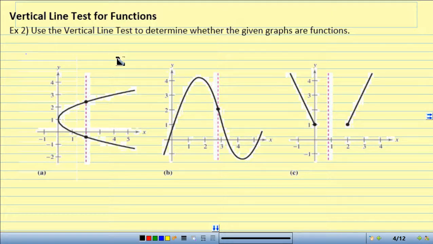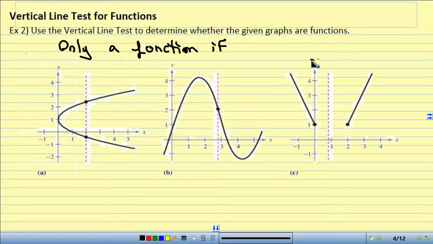Or if it crosses it 3 times, not a function. So it is only a function if the vertical line crosses only 1 time.